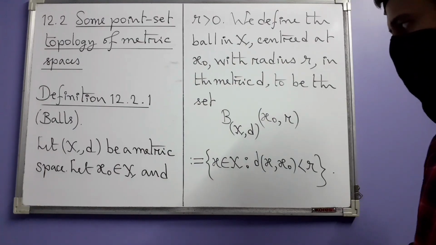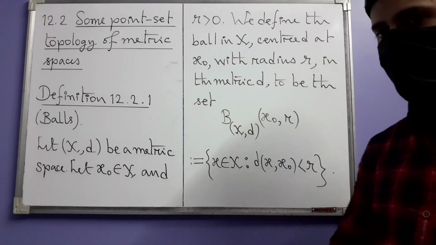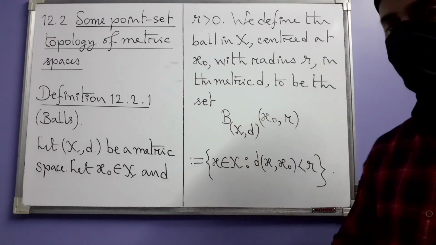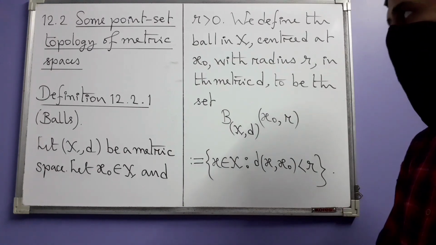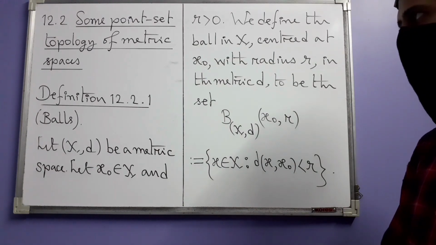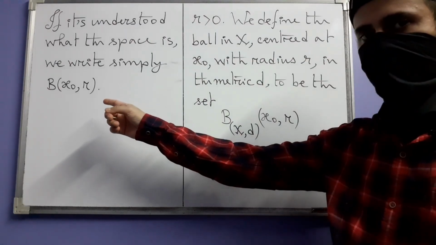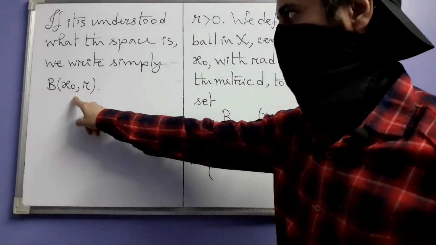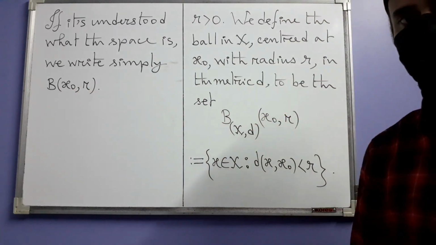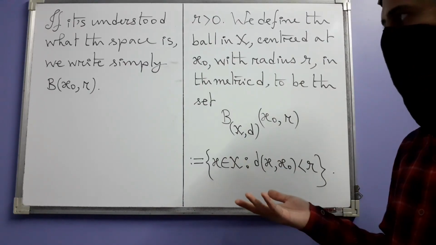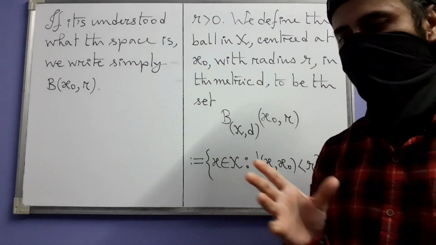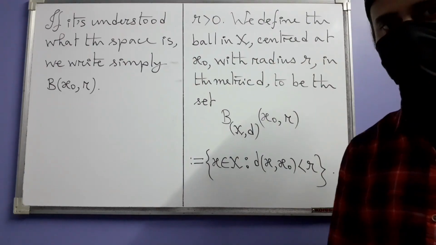But often, if this metric space is already understood, we drop it from the notation and we write the simpler notation like that, B of x naught comma R. So let us next see a few examples of some concrete metric spaces and balls in them.